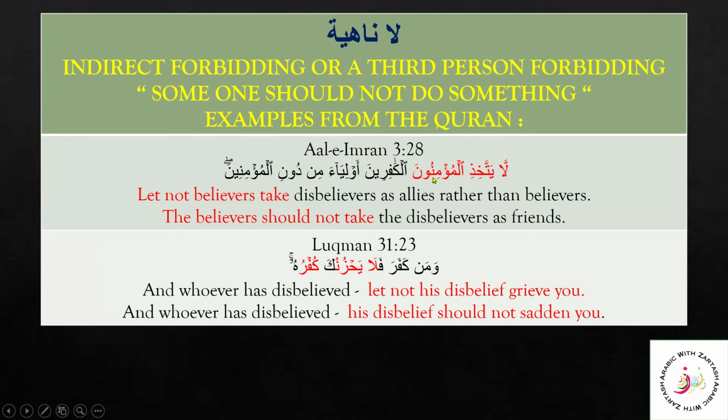So here al-mu'minuna is our fa'il, and the maf'ul is al-kafirina, because this is in the nasb state. So here you see that la nahya is used for indirect forbidding. Again, the next example: waman kafara fala yahzunka kufruhu. Whoever has disbelief, let not his disbelief grieve you.